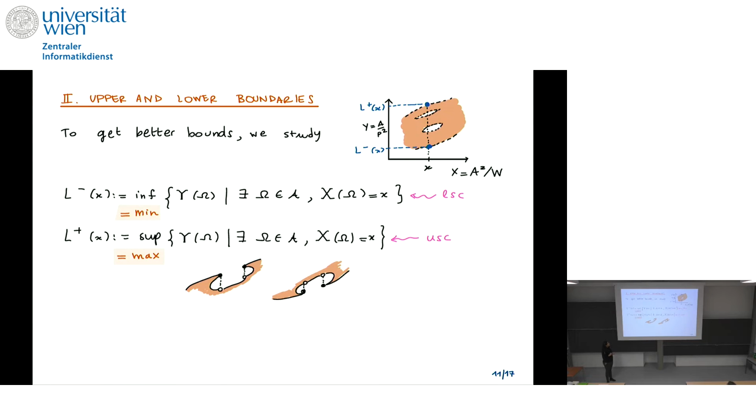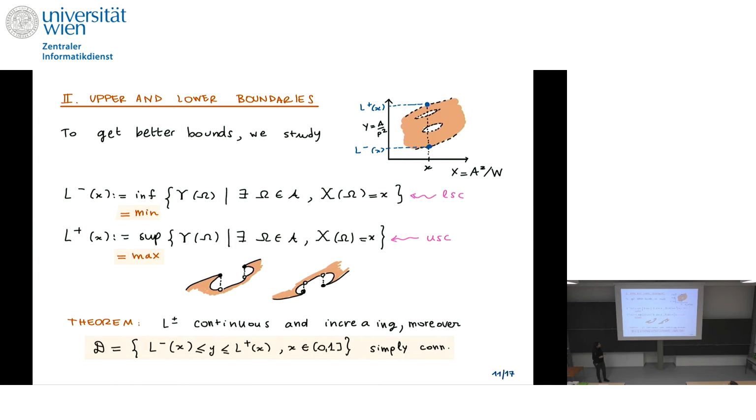So it means that L plus, which is upper semi-continuous, has some vertical jump. So the graph follows the boundary, then you have a vertical jump, then you continue with the boundary, then you have another vertical jump, and so on. And the same for the lower boundary: the function L minus could display jumps like that.